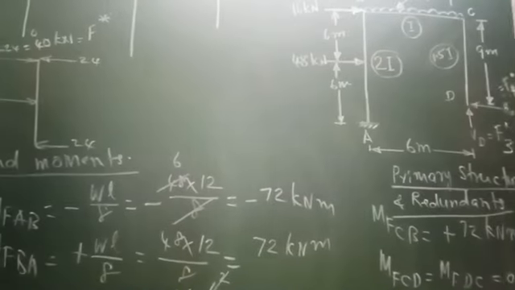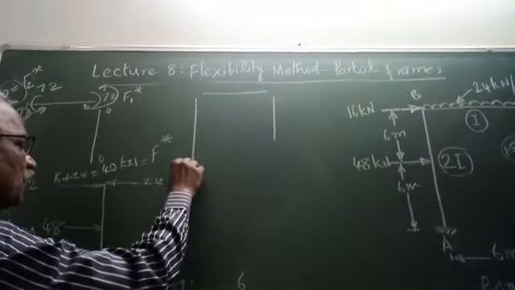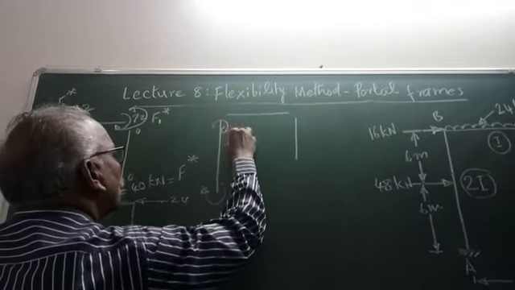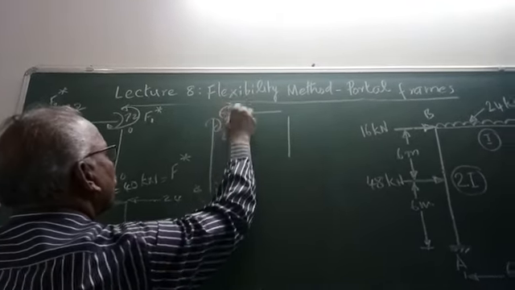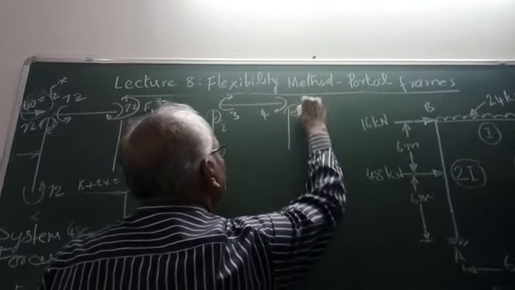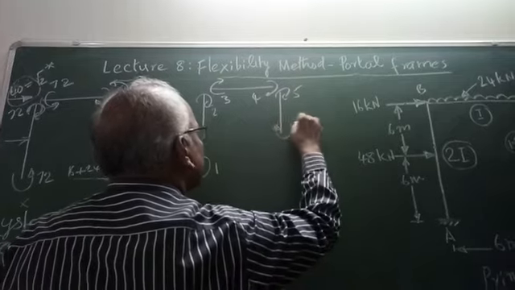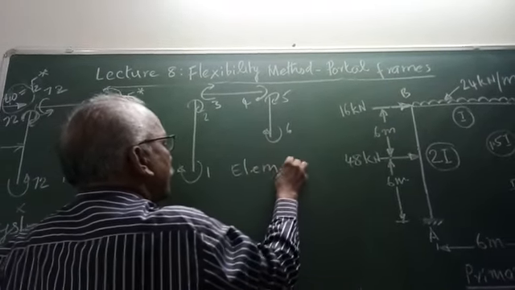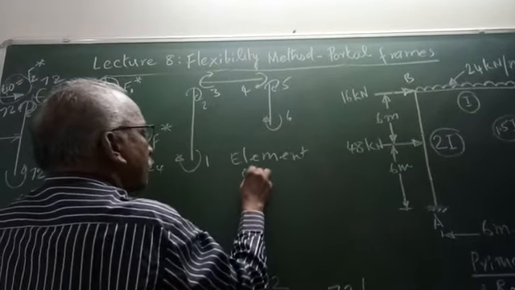Now, coming to element coordinates, so we'll choose this only. Now, 1, 2, all in the clockwise direction. 3, this is 4, this is 5, and 6. These are element coordinates.